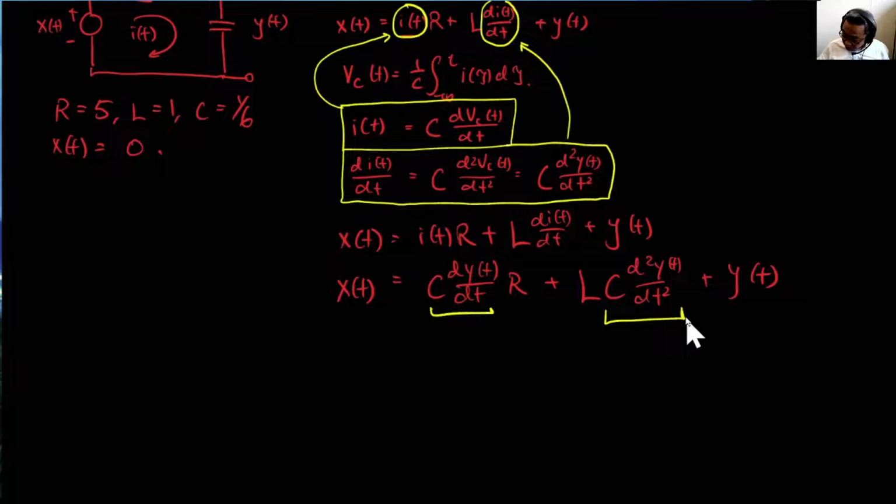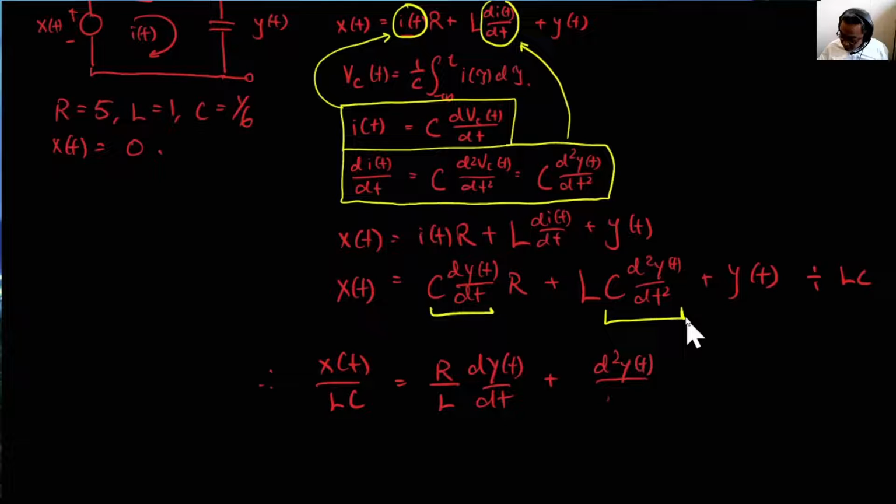front, so we divide both sides by LC, and therefore we have x(t) divided by LC equals C over LC, which is 1 over L, so R over L dy/dt, plus d2y/dt squared plus y(t) over LC.